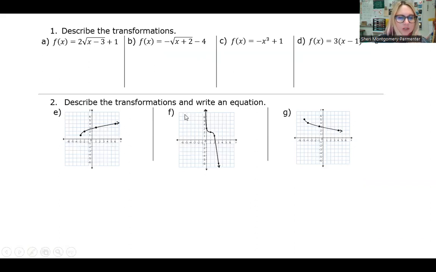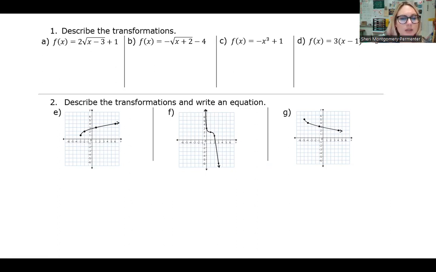All right. So first thing that we're going to do is describe these behaviors. It doesn't matter if it's a cubic or a square root, how we describe them is going to be exactly the same. Again, there's a number in front of the X, with the X, or after the X that we're going to describe. This one has something in front of the X that can either reflect or stretch. Well, it's not a negative. Negative is what reflects. This one is stretching.